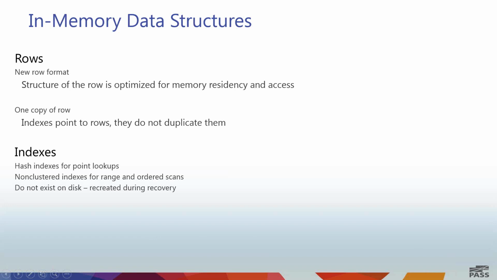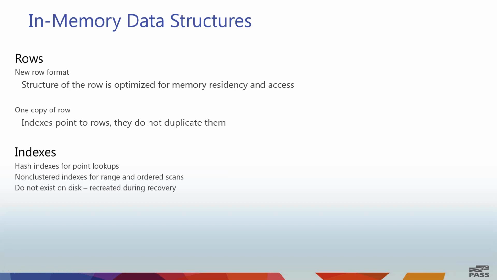A hash index is a static structure, so there's nothing to be maintained about it. And the non-clustered indexes, BW trees specifically, are self-maintaining. So as a user, you don't need to do any defrag or rebuild or anything like that. Finally, an important point here is that these indexes do not exist on disk. They exist only in memory.